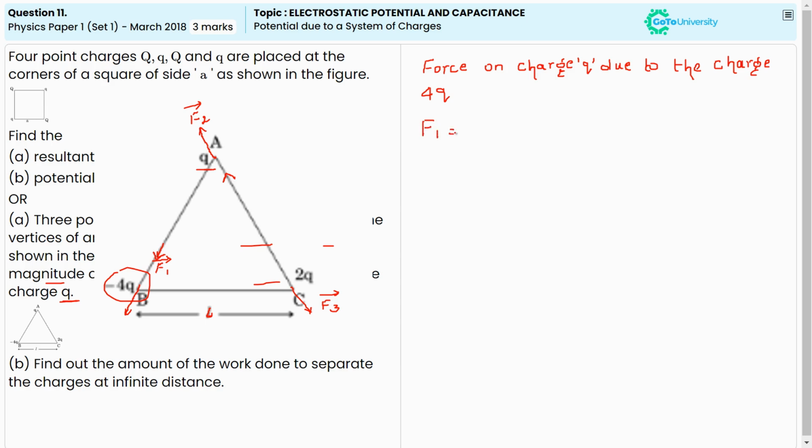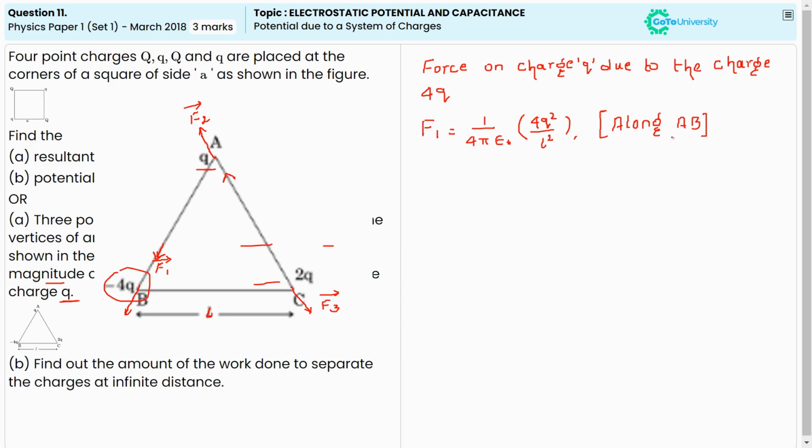F1 is equal to 1 upon 4 pi epsilon naught times 4Q square divided by L square. This is along the direction AB. So I can write here, it is along AB.